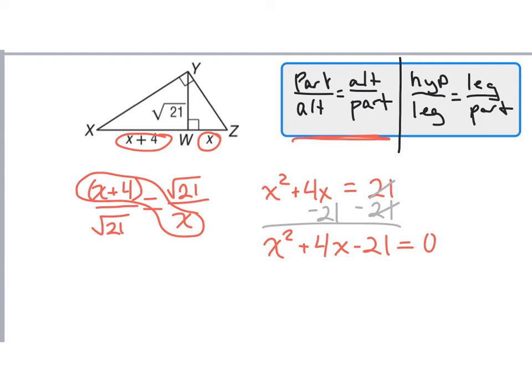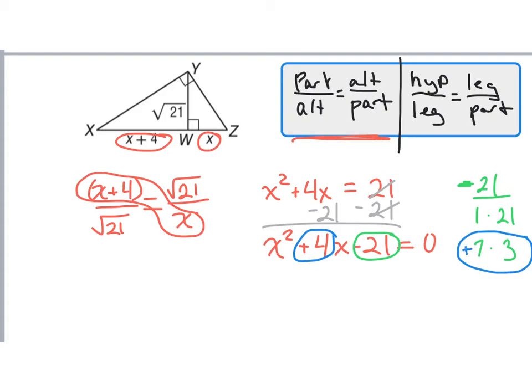But I need the multiples of negative 21. So that's going to be 1 times 21 and 7 times 3, and that's going to be all the factors of 21 I have. One's going to be positive, one's going to be negative in order to get a negative 21. I want to end up with a positive 4 when I add them together. So the ones that are 4 apart are my 7 and 3. If I want a positive 4, I'm going to make a positive 7 and a negative 3.